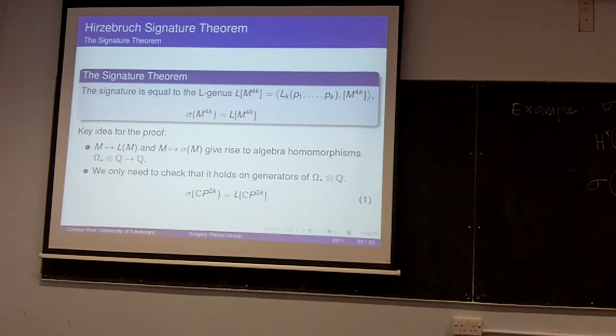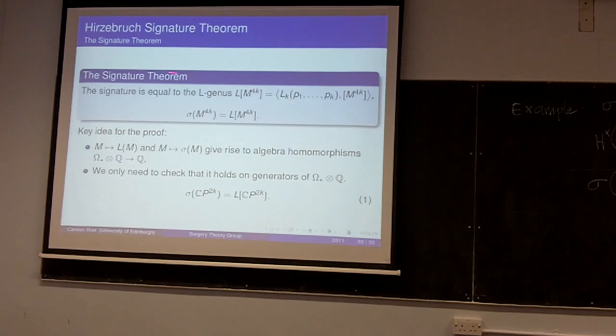Key ideas for the proof. The key ideas for the proof, which I've already mentioned, are that the L genus and the signature give rise to these algebra homomorphisms. As these are algebra homomorphisms, to prove the signature theorem we only have to prove it on the generators. Because once we prove it on the generators, we have proved the theorem.